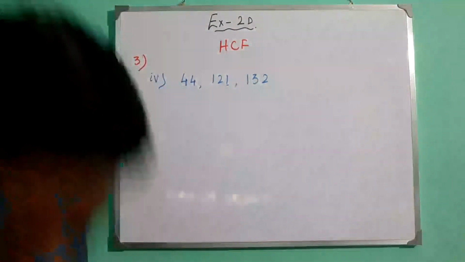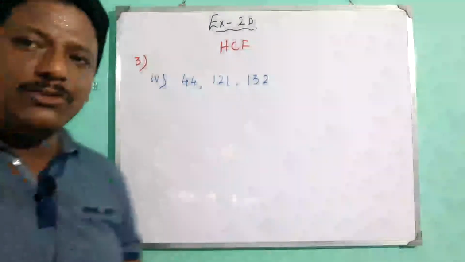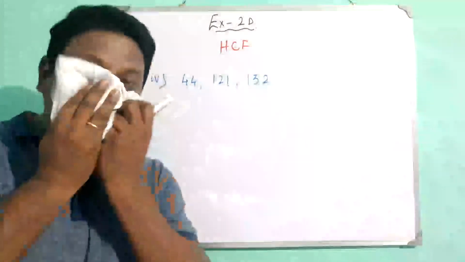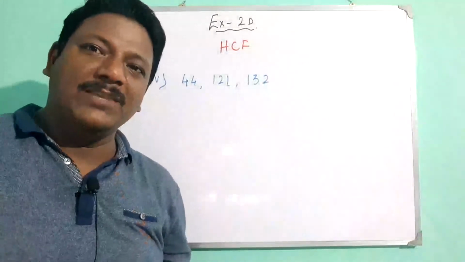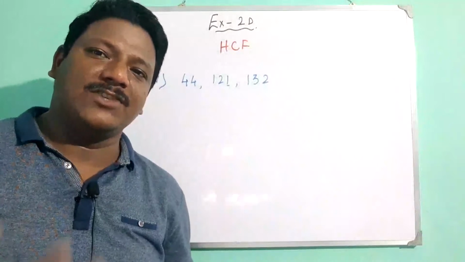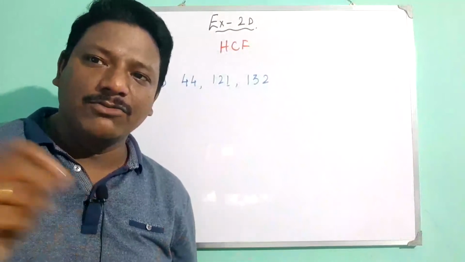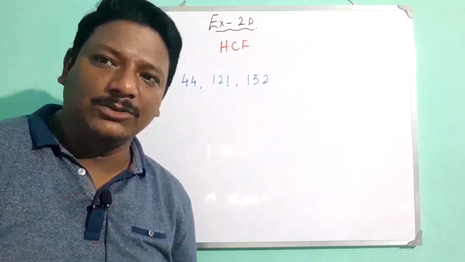You can use any method over here, but I prefer the factorization method, which will also be easy and you will learn. In the previous class you learned how to divide. When you use the factorization method, then you can do it.